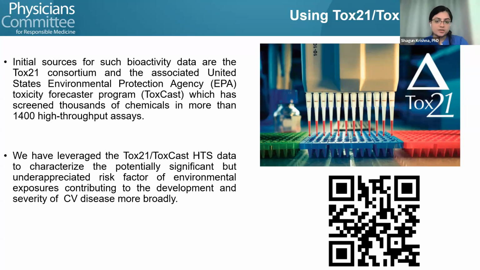So to circumvent these issues, over a decade ago, the U.S. Environmental Protection Agency, EPA, the National Institute of Environmental Health Sciences, NIEHS, the National Center for Advancing Translational Sciences, NCATS, and the Food and Drug Administration of the USA, FDA, formed the Tox21 Consortium. Tox21 is a federal research collaboration that focuses on driving the evaluation of toxicology in the 21st century.